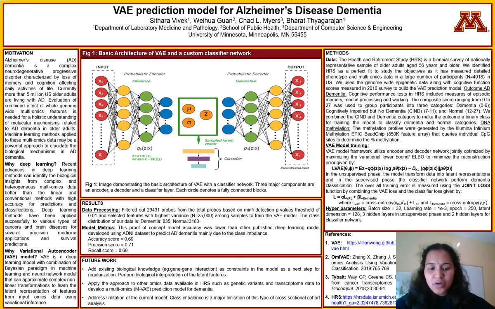As part of future work, I aim to incorporate existing biological knowledge, for example, a gene-gene interaction network, as constraints in the model as a regularization step. Also, to extract the biological interpretation of latent features by extracting the decoder weights for each input feature, and to identify which are the important input omics features for the prediction of dementia.